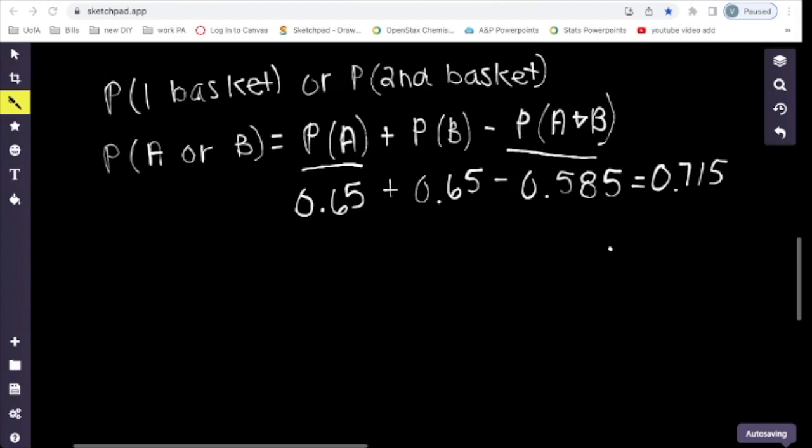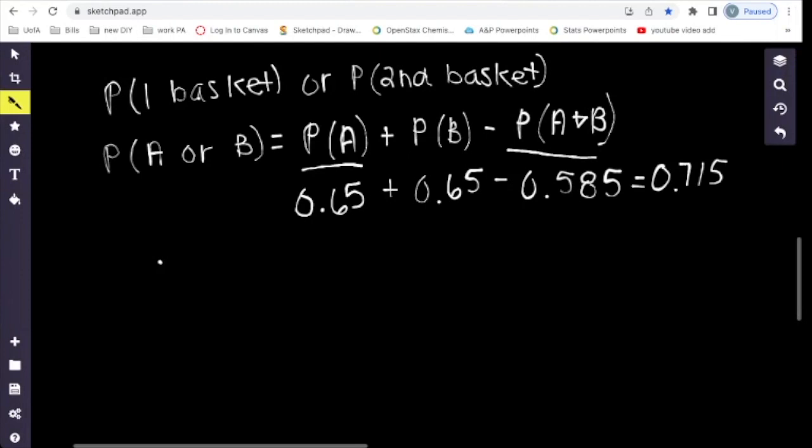Remember that the probability of B given A was 90% or 0.9. If you took that and went back and compared it to the multiplication rule, we don't get the same number. So let's prove that for a second.